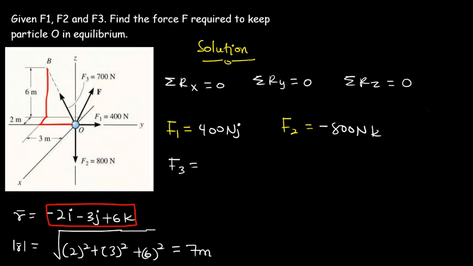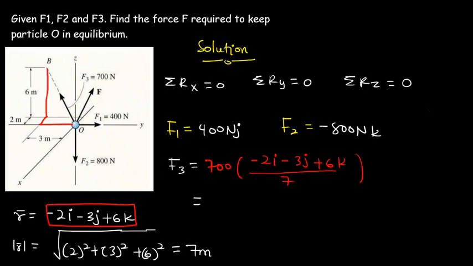So F3 is equal to the 700 Newton force multiplied by minus 2i minus 3j plus 6k, all divided by the magnitude we just found, which is 7. If you simplify this, you're going to then have the force F3 in its component form. Let's look at that.